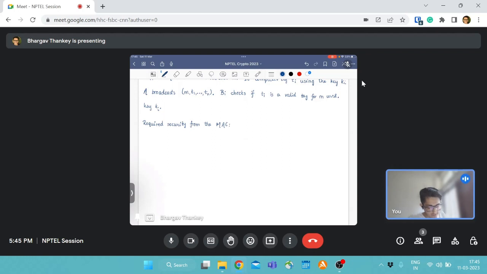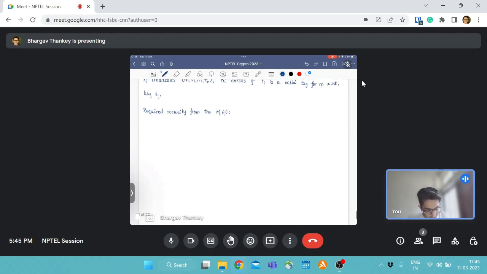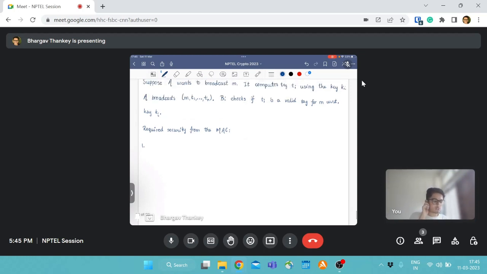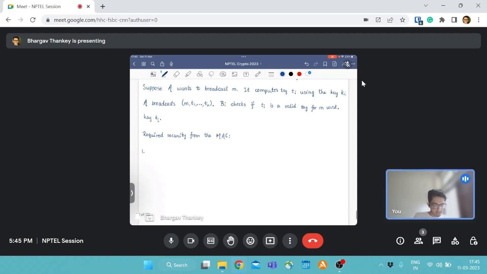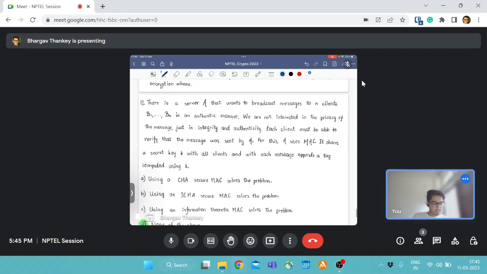Well, that depends on the cases. Sir, is it necessary to send all of these tags T1, T2 along with M? Over here in the question, the communication model was that A broadcasts something to all the clients. So it just sends one message to all the clients.